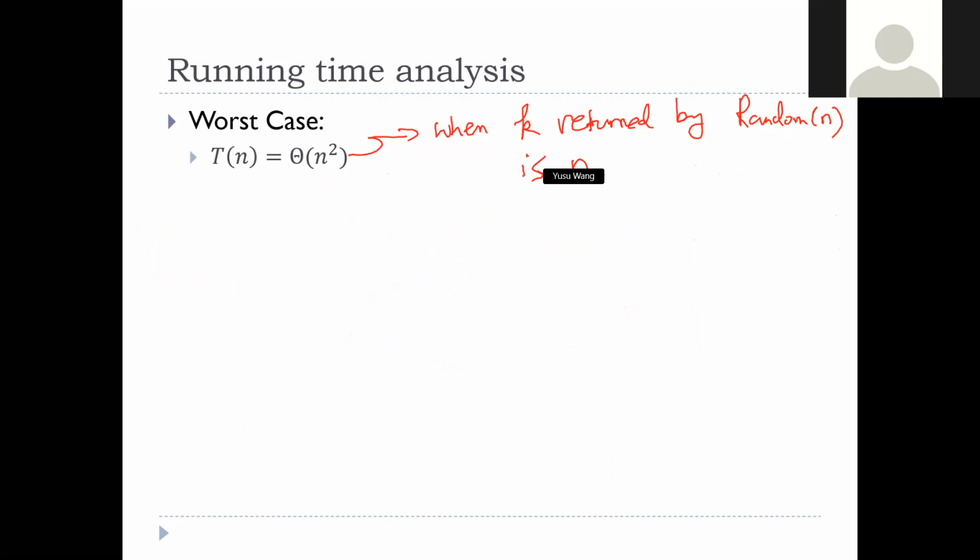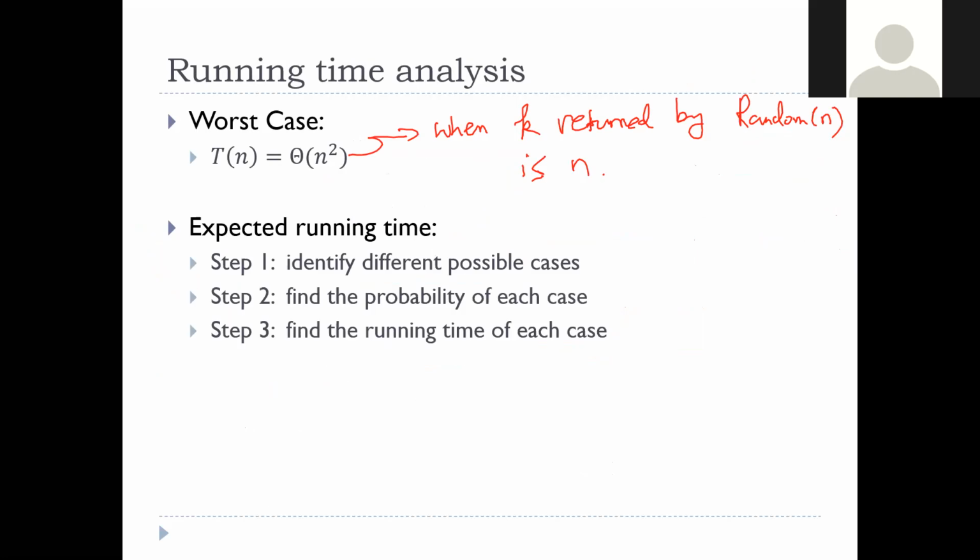Let's now look at the expected running time of this algorithm. How do we analyze the expected running time? Usually you follow three steps. First, identify all possible different cases that could happen for the running time of your algorithm.